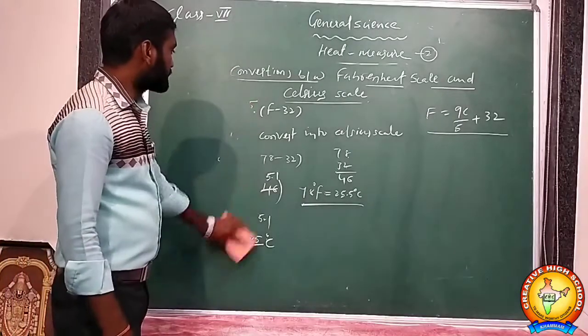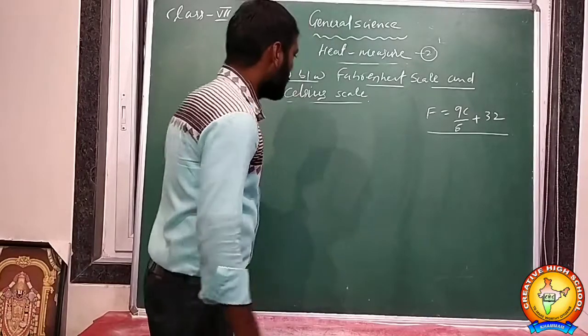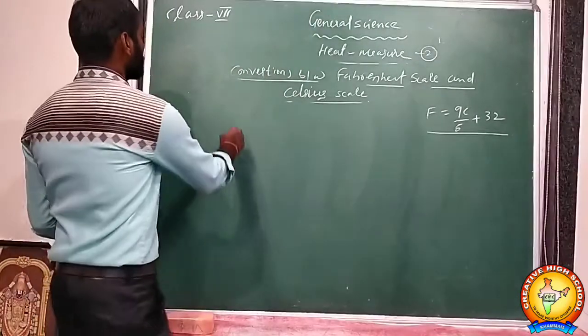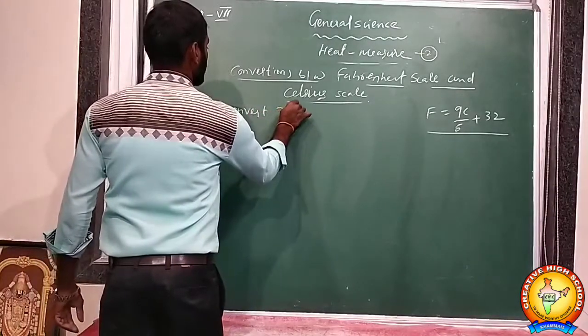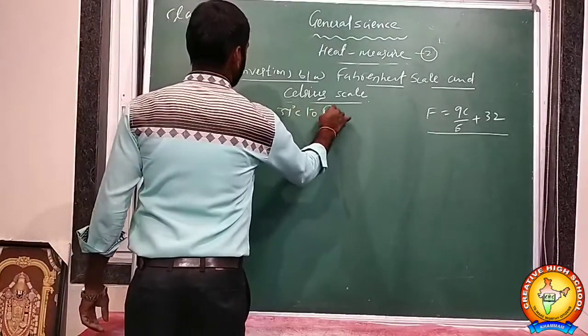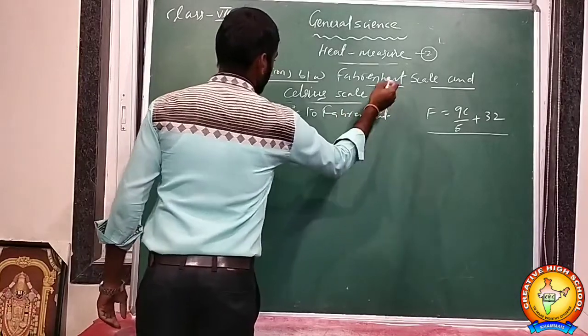Okay students, now convert 37 degrees Celsius to the Fahrenheit scale.